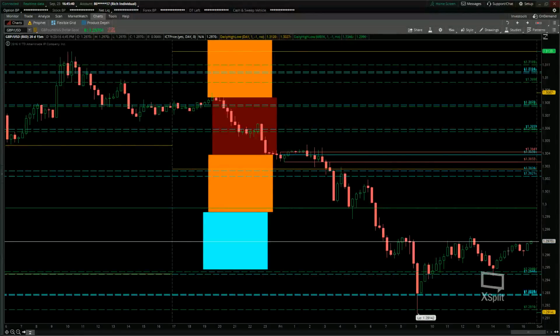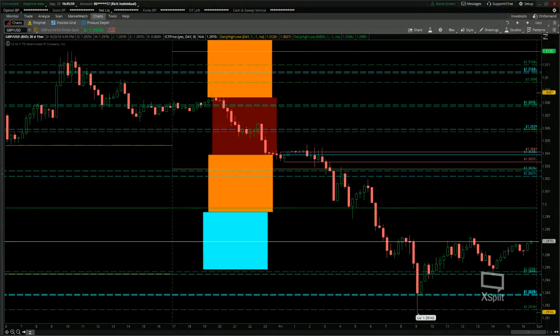The other lines here that you see, this line is a daily high or daily low, and those are in yellow. And then we also have green lines, which are also weekly highs and weekly lows. You'll see that one of those came into play today.